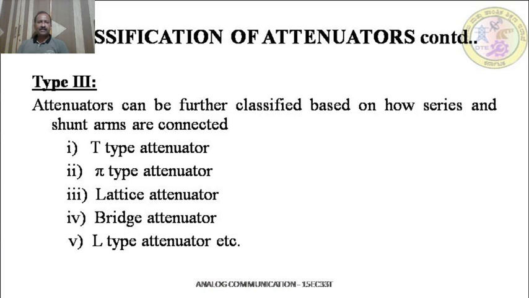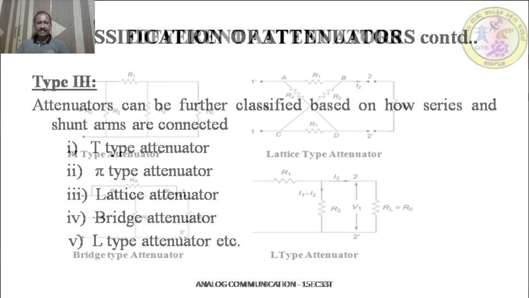Depending upon arm and shunt impedances, you can classify attenuators as follows: T type, pi type, lattice type, bridge type, and L type attenuator.